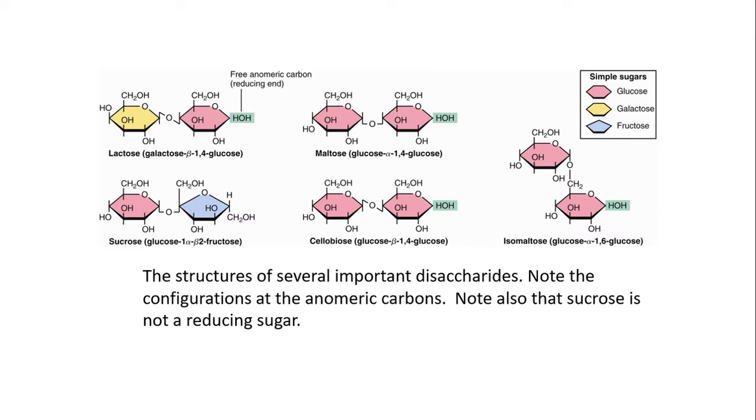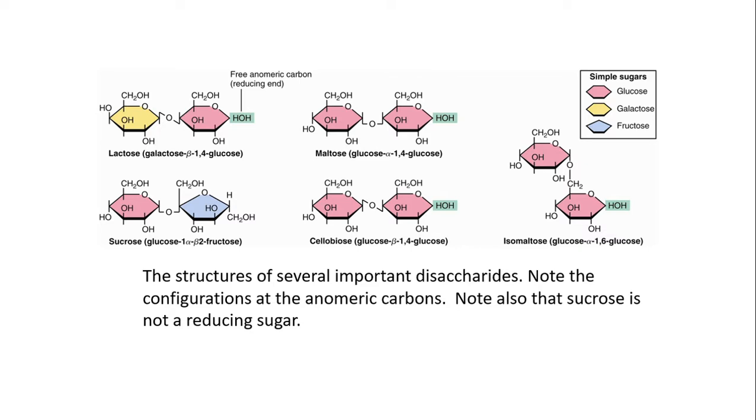So I mentioned to you the 3 most common disaccharides in the first video: lactose, maltose, sucrose. There are 2 more here, cellobiose and isomaltose. You are not responsible for structures for the last two of these, but you are responsible for the structures of the three most common disaccharides.